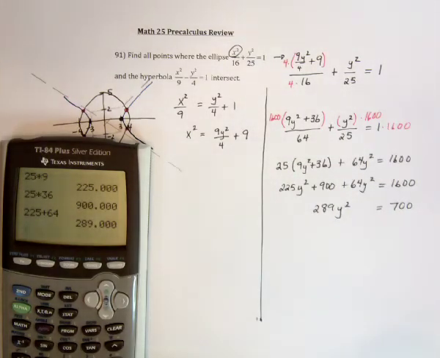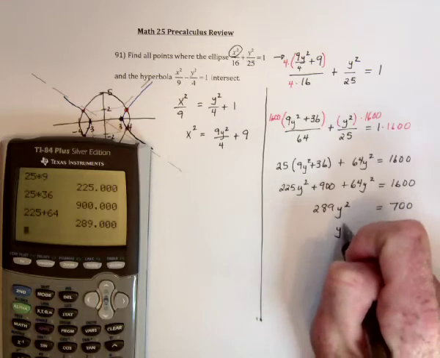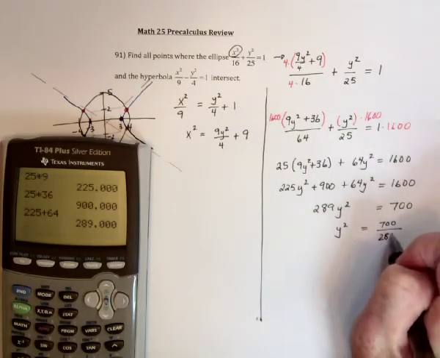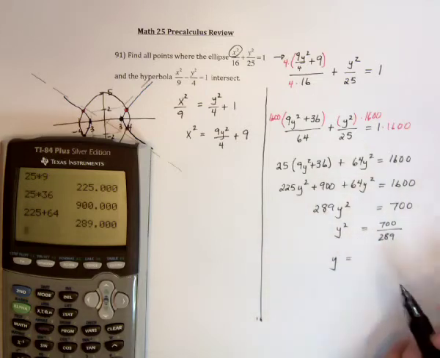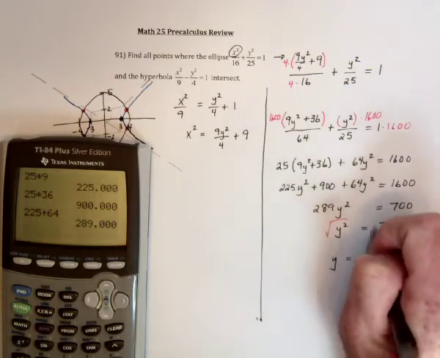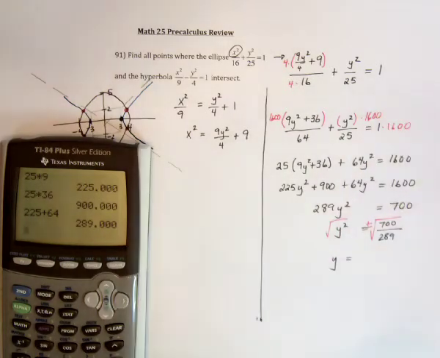All right, now just divide. y squared is equal to 700 divided by 289. And then we should get the decimal answer. So then take the square root of both sides. And this is the part where we put plus or minus the square root.